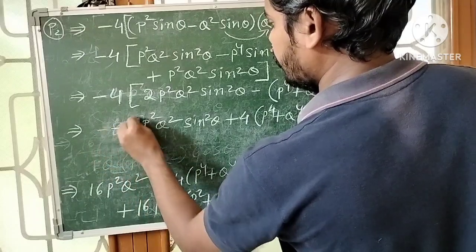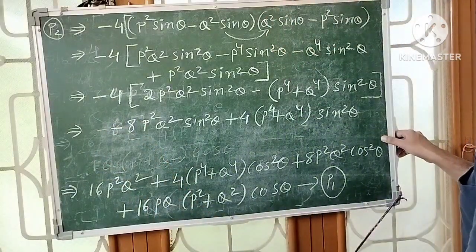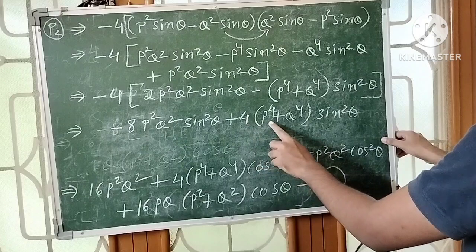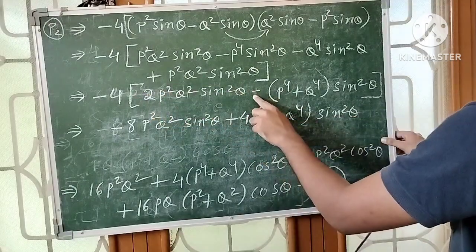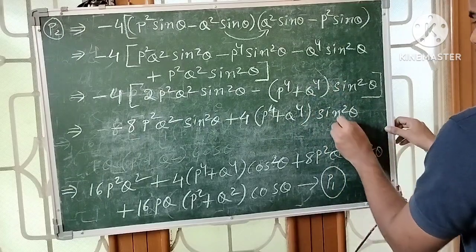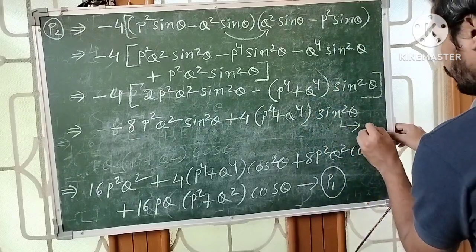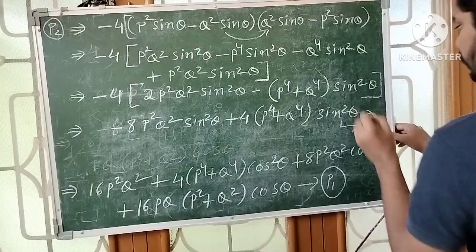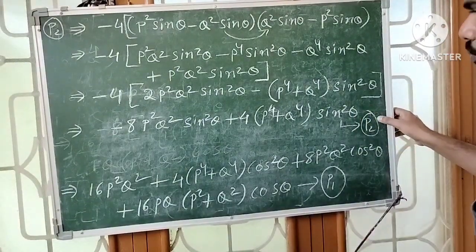So minus 8 p square q square sin square theta plus 4 into p power 4 plus q power 4 sin square theta. This is the final expression for part 2.